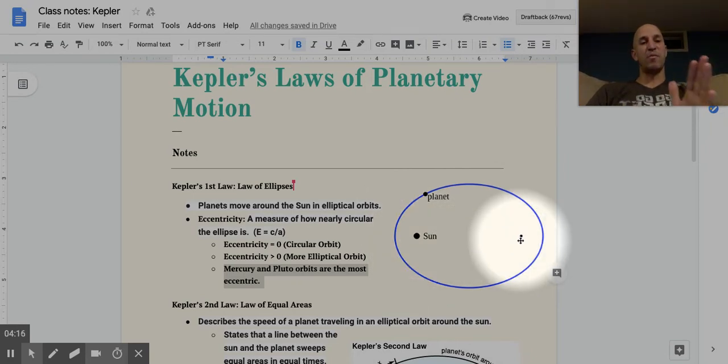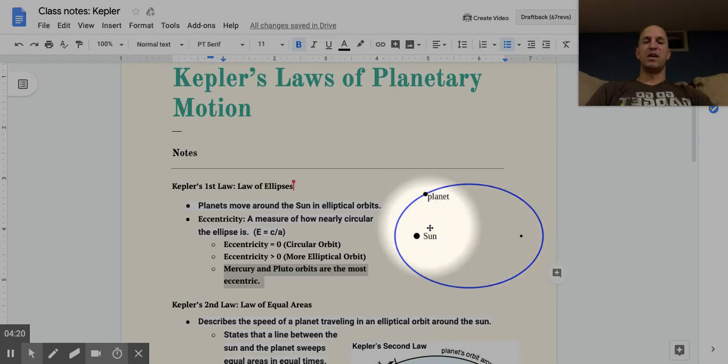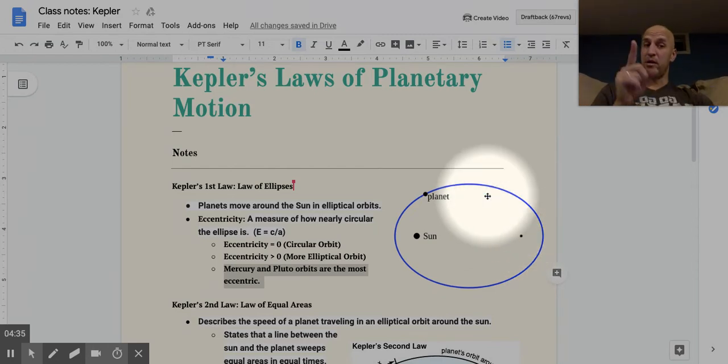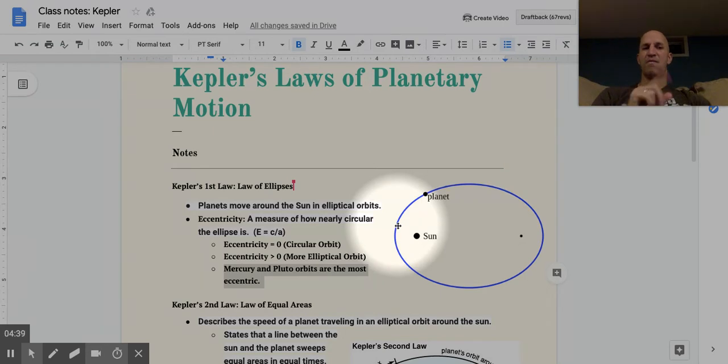The second focus point, remember, is imaginary, so it's just there for us. The sun is never in the middle. It's always off to the side in a planet's orbit. So it's off-center. Kepler's first law, the law of ellipses: planets move around the sun in elliptical orbits. Very easy, right? You should know that and never, ever forget it.